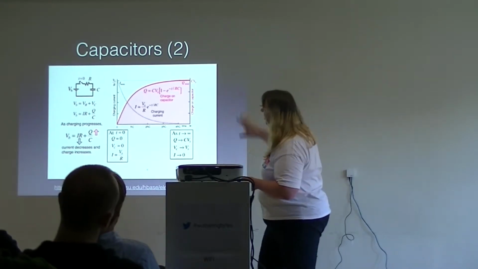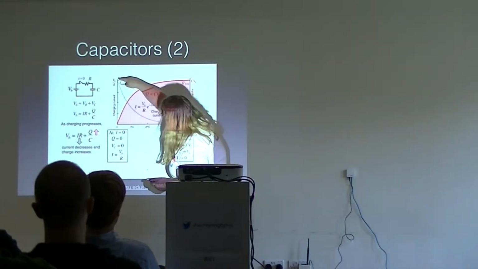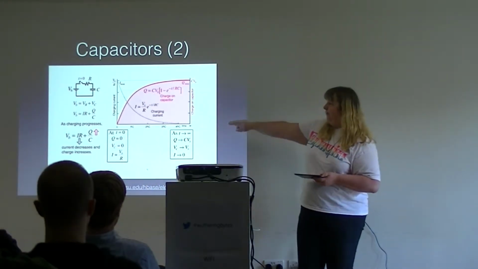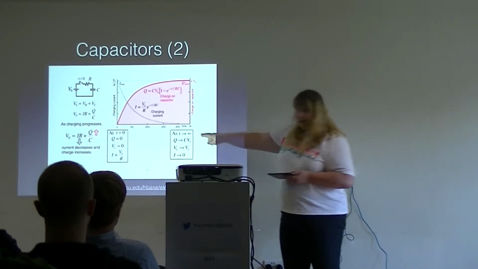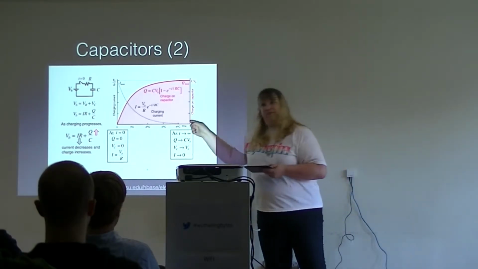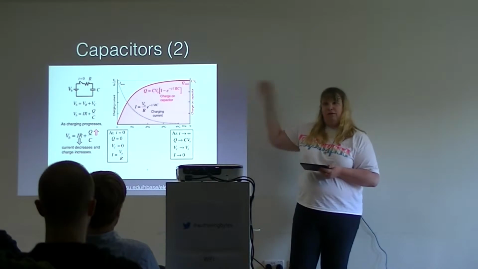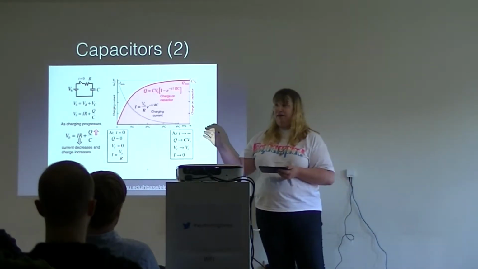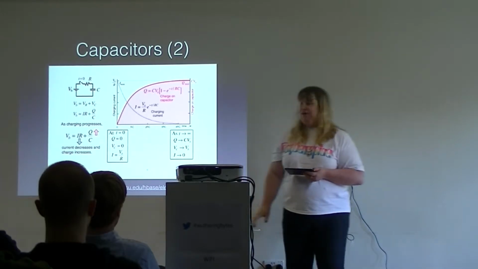The basic thing is this shape. So you basically connect the current there, and the current goes, and eventually goes to nothing over an infinite amount of time. But that curve is determinate. So you can use a capacitor to time things. If you use a capacitor and a resistor, you've got a timing circuit.